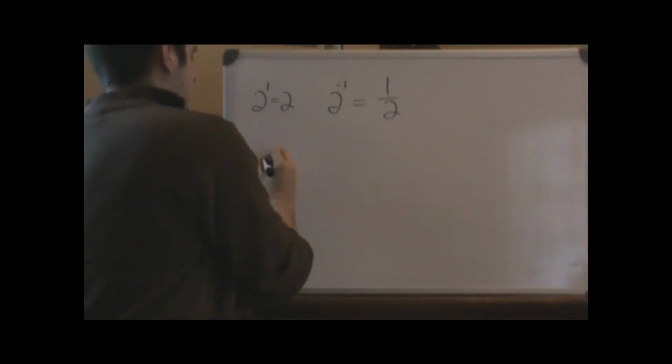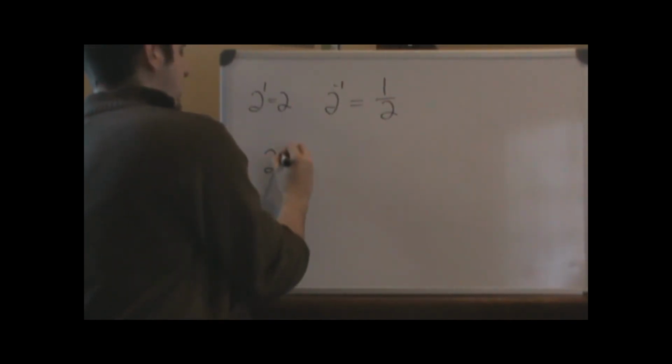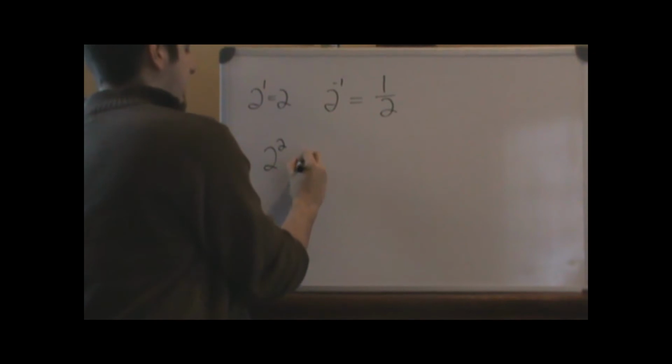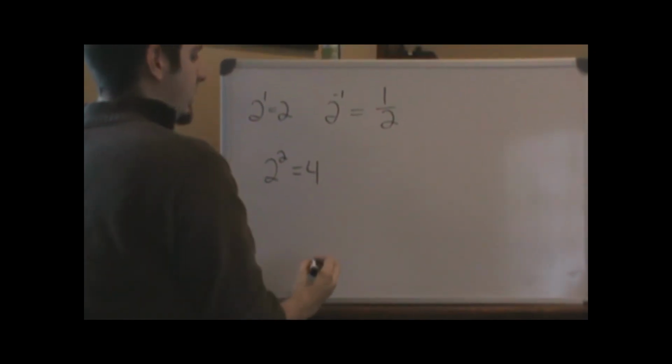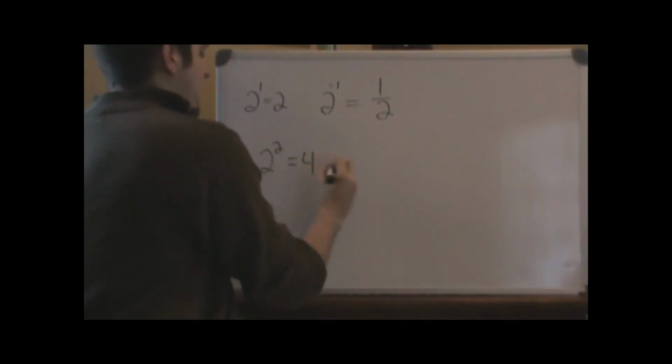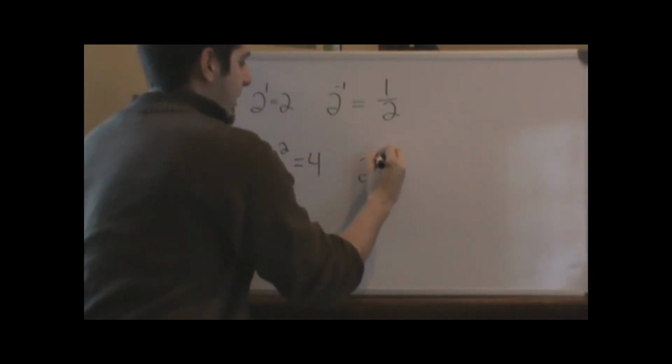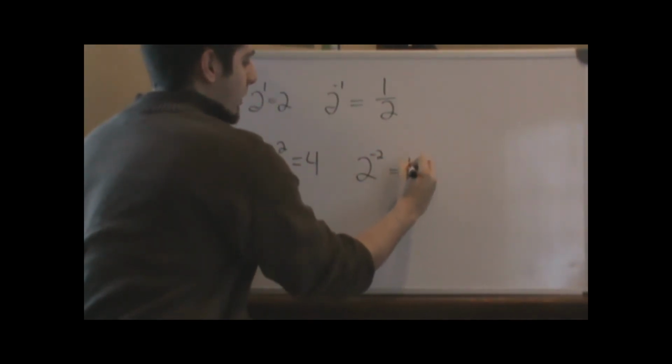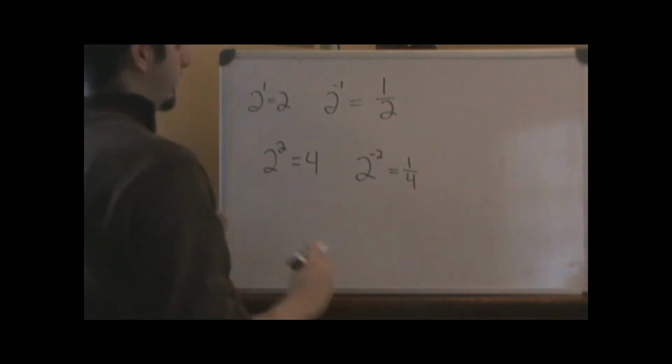Now let's take a look at 2 to the second power, which equals 4. And then take a look at 2 to the negative 2, which equals 1/4.